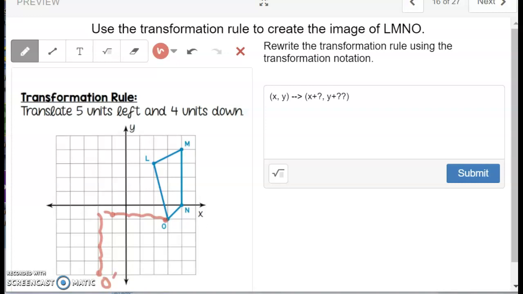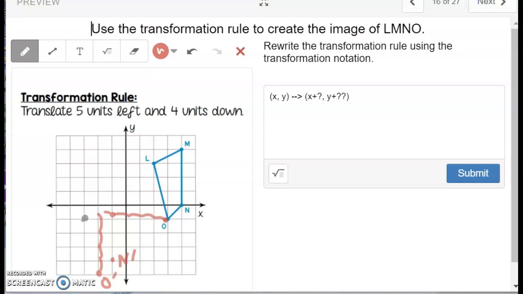Okay, and then from here I can figure out the relative position of N. N is 1 to the right and 1 up, so that means it's right here. That's going to be my N prime. And where is L? That is going to be 1 to the left and 1, 2, 3, 4 up. So 1 to the left from O and 1, 2, 3, 4 up.